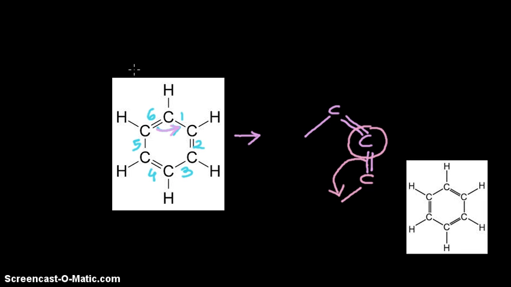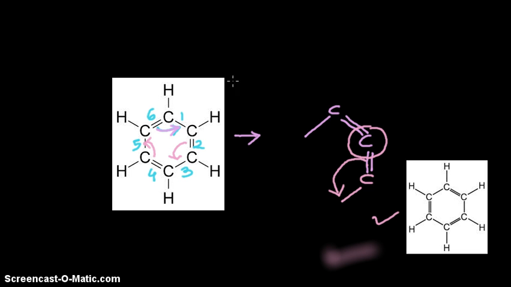As you can see, the residents migrated from side 6 to 1, then from 2 to 3, and then from 4 to 5, and we have got this structure.